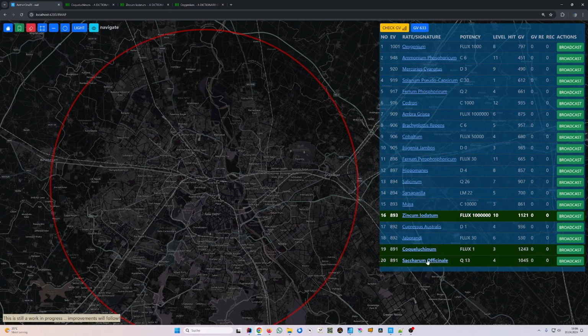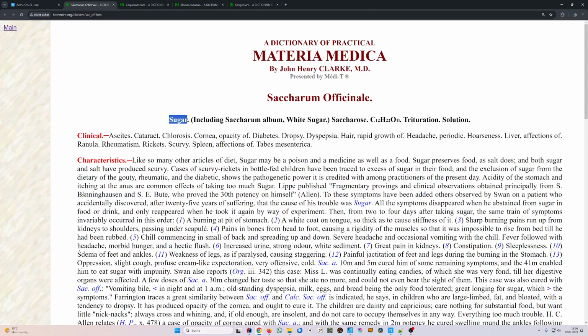Okay, let's see saccharum officinale, which is sugar. And this has, for example, other problems like ascites, cataract, chlorosis, opacity of cornea, problems with the eyes, diabetes, and so on.